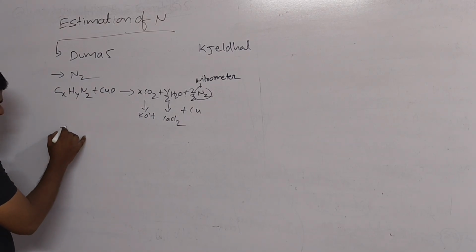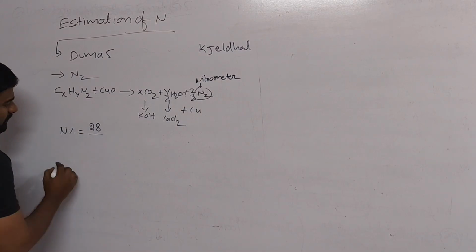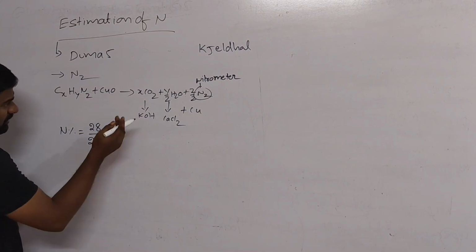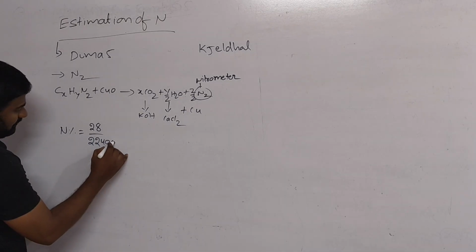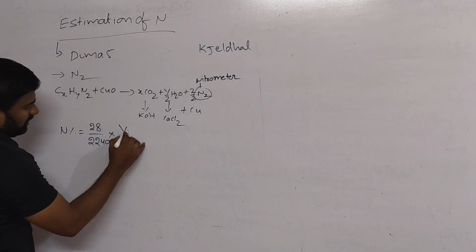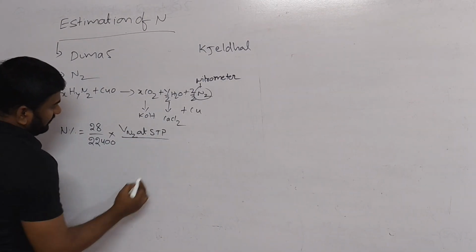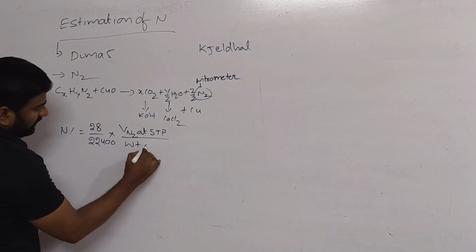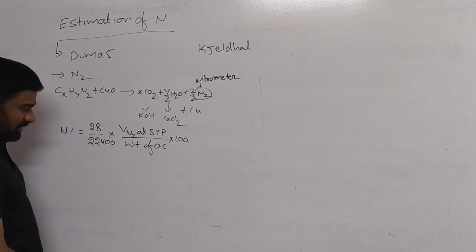The formula: nitrogen percentage equals 28 by 22,400 into volume of N2 at STP, by weight of organic compound, into 100. So this is the formula.